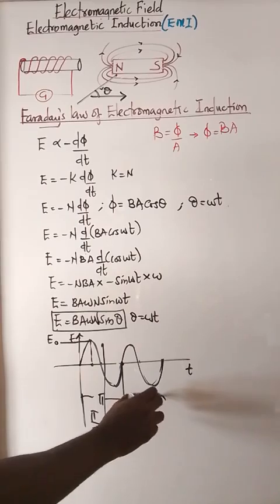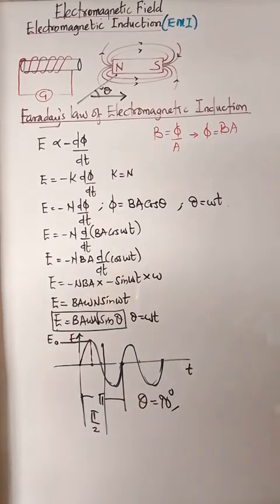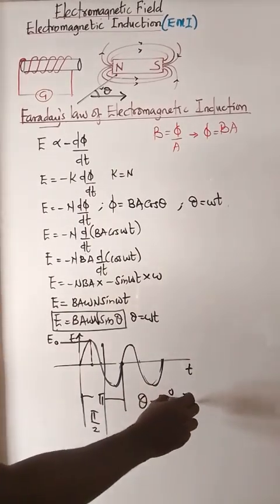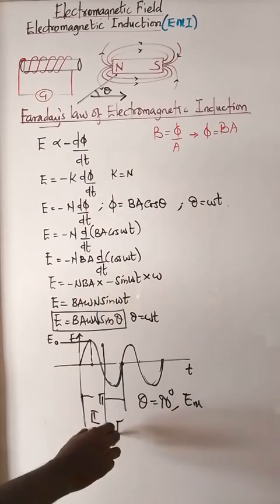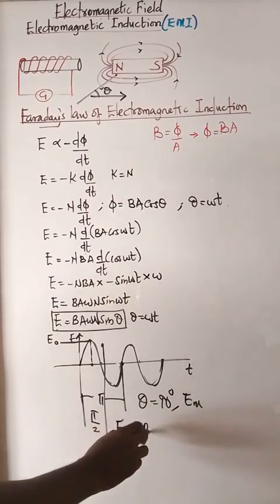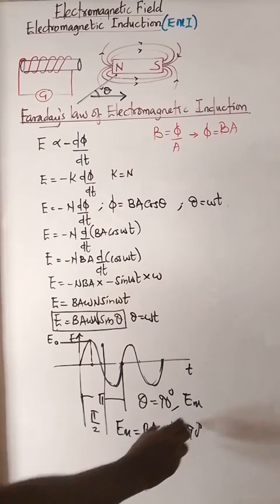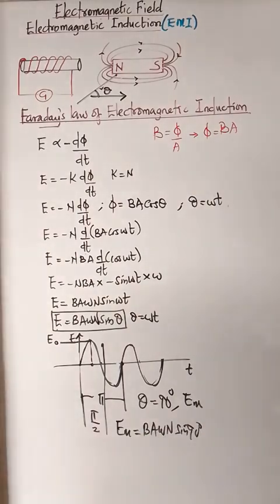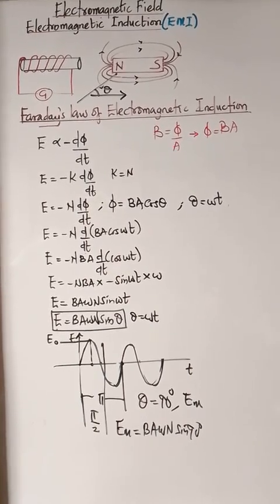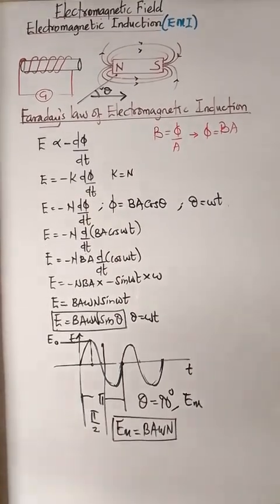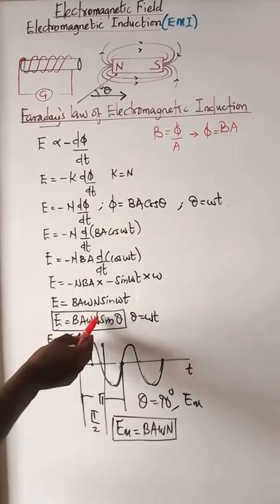So when theta is 90 degrees, meaning when the conductor is perpendicular to the field, our E becomes maximum. So our E max equals BA omega N sine 90. Sine 90 is 1, so if we replace sine 90 with 1, the maximum EMF will just be BA omega N. So this implies that this BA omega N itself is the maximum EMF.